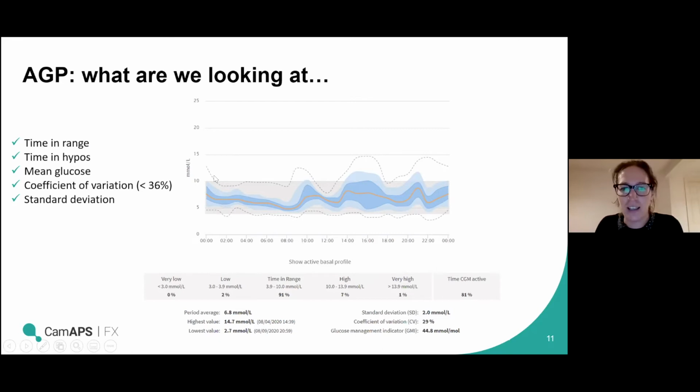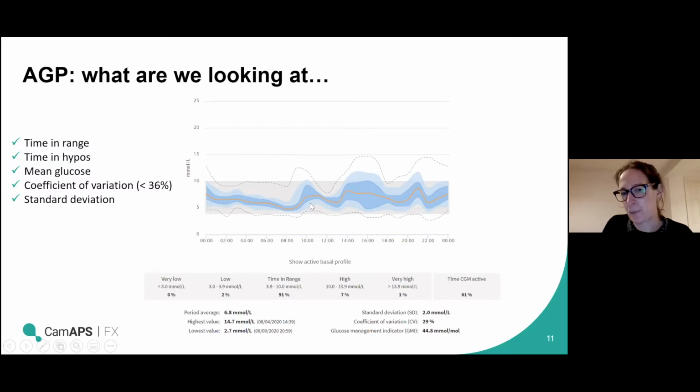So this individual has incredible mean glucose over the course of the day. The blue shaded areas show you the variability of the mean glucose. So you can see the darker blue shaded areas are the 25 and 75% range, and then the lighter shaded areas are the 95 and 5%.